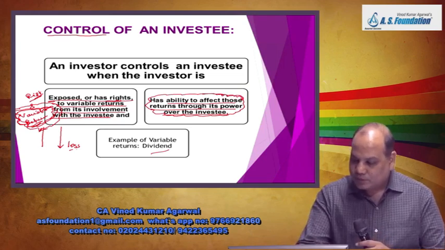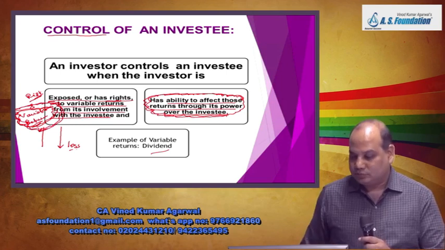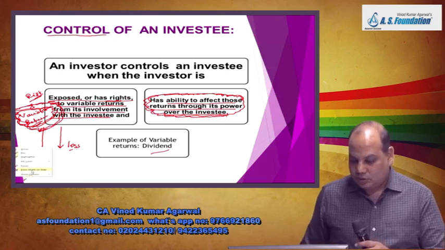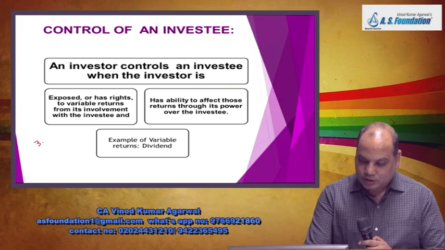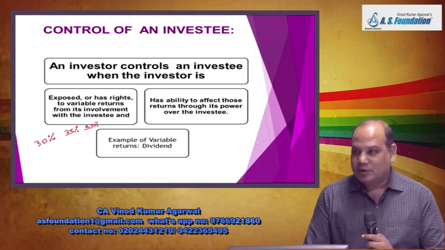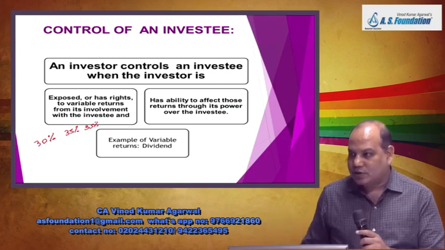Since you have the power to take decisions relating to relevant activities, you have the power to affect the variable returns. Now, in theory it looks simple, but practically it can be a challenge sometimes. When three partners are holding 30%, 35%, 35% share in the company, finding who has the control can be a challenging exercise.